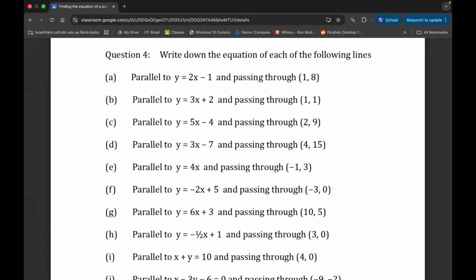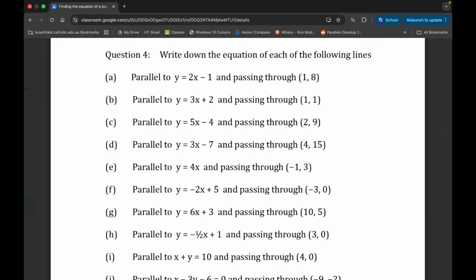Because I made that mistake, I'm going to do another question for parallel, just to do it again and make sure I do well. So y equals 3x minus 7, and it passes through (4, 15).